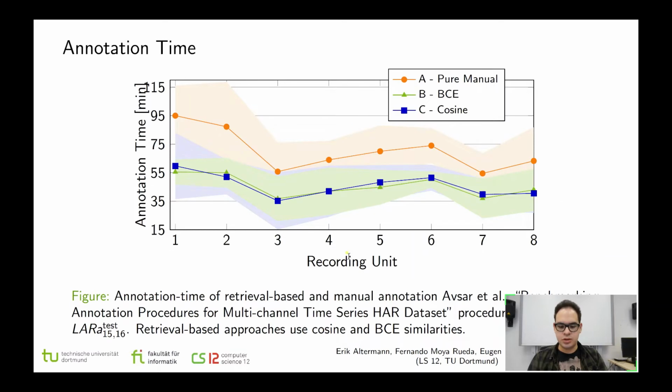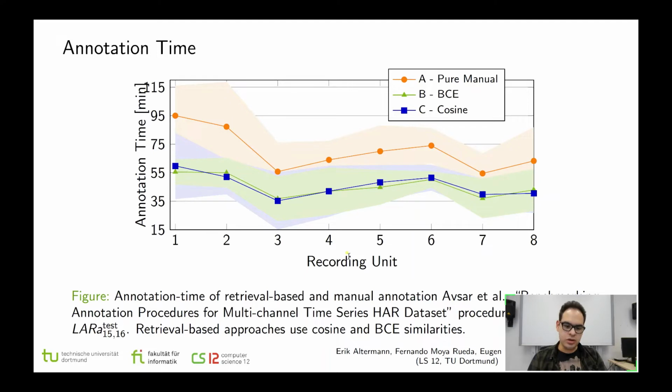Here we can see the results of the annotation task, mainly the time it took. We compare the probabilistic retrieval mode against the cosine similarity and against the pure manual annotation time.